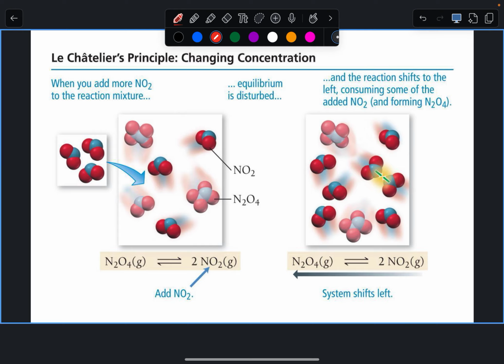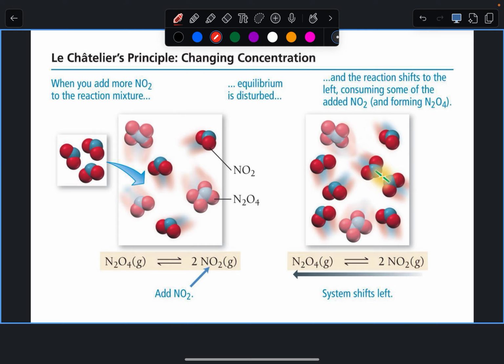You can see the system at equilibrium, with some NO2 and some N2O4. Then we dump in some extra NO2. Think of it like the balance point: this is where we want to be, but now we just put in some of the product. That's the stress, dumping some NO2 into the system.